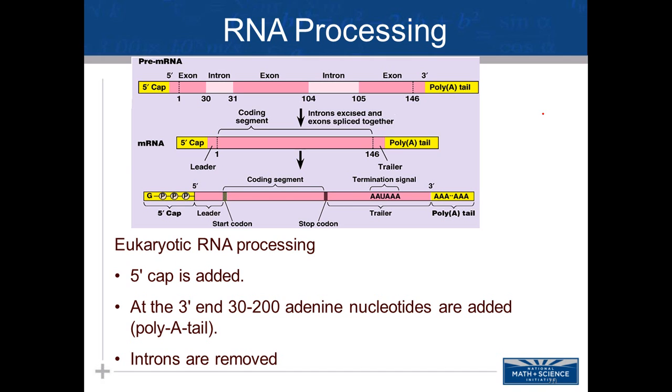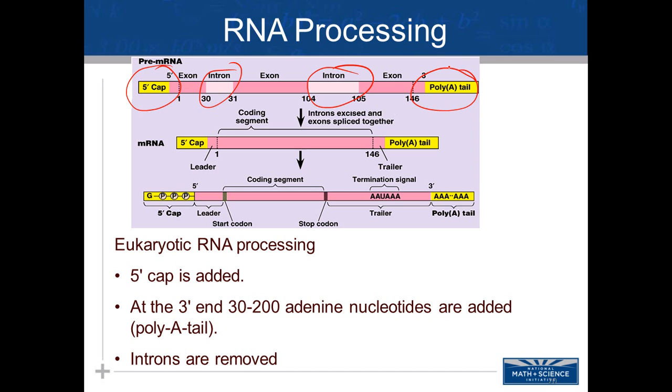Well, it turns out in eukaryotic messenger RNA, quite often there are areas that are not going to be expressed or used. Those are called introns, and those are going to have to be removed. In addition to that, at the 5' end, we're going to add what we call a 5' cap. And in addition, on the 3' end, we add a series of adenines, and that's called the poly A tail.